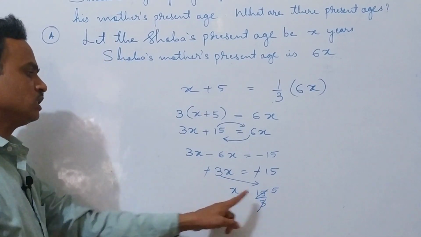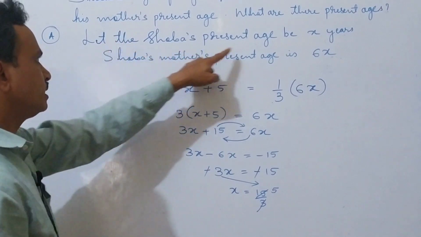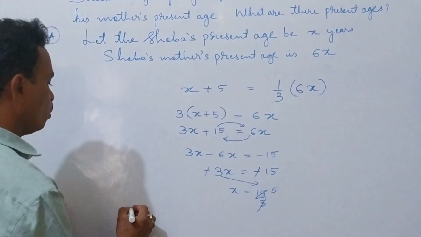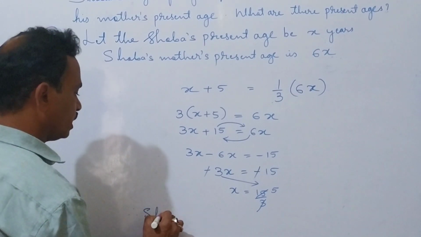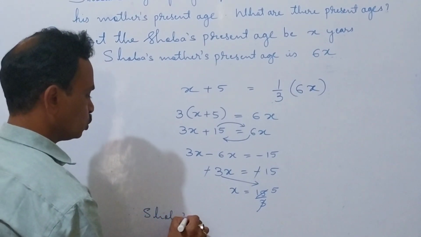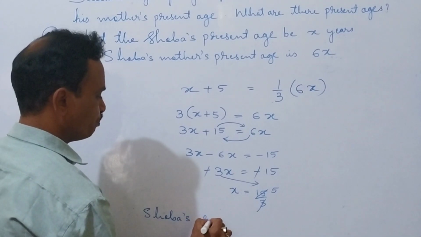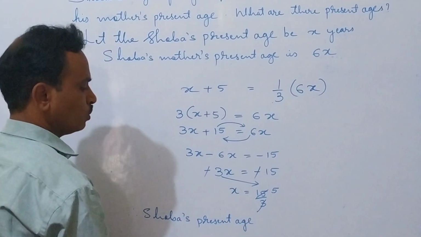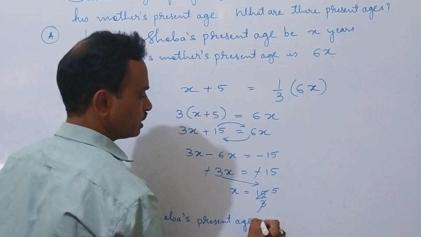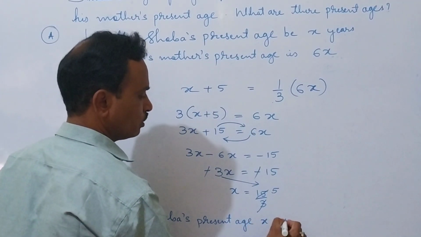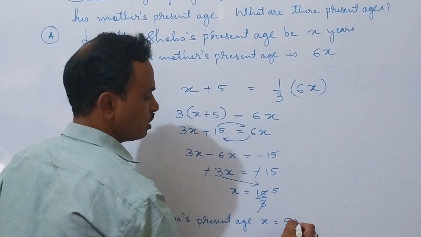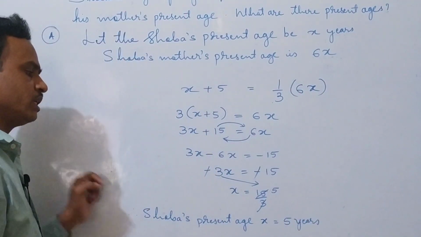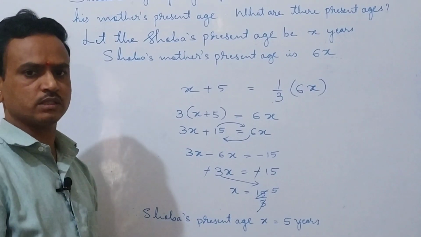Now X is equal to 5. What is X here? Shobha's present age. So Shobha's present age is 5 years.